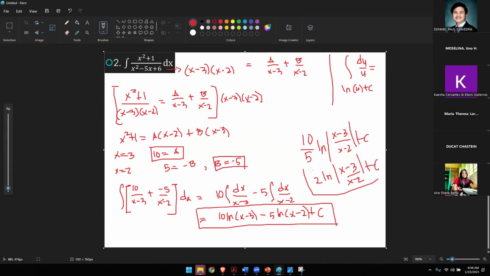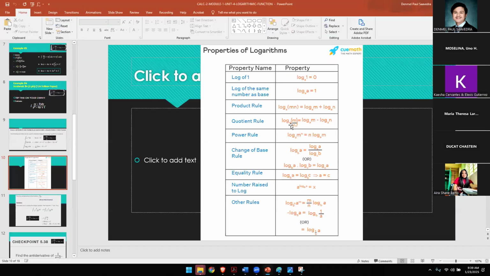Kung sakali man, if you want the most simplified, then this will be your final answer. But by having this one, this is already a valid final answer. Okay. I'm not really requiring the most simplified answer for this one. But just in case, then maybe this is one possible solution. If we are going to base it on this quotient rule, okay?